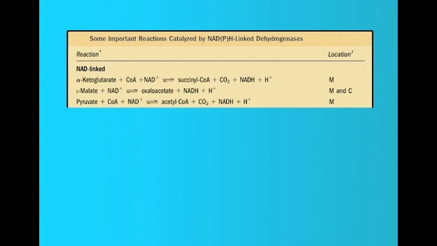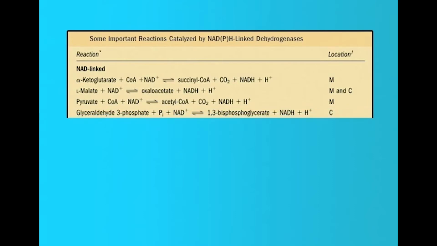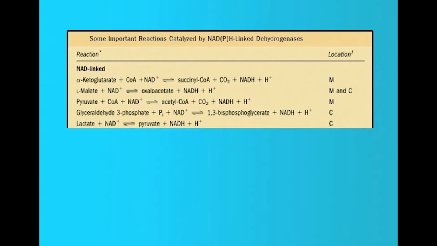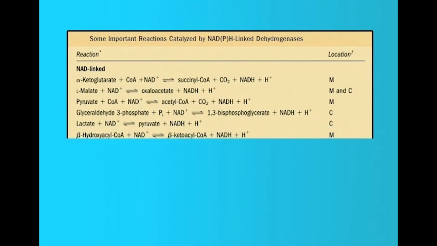Others are pyruvate to acetyl CoA in the pyruvate dehydrogenase complex, glyceraldehyde 3-phosphate to 1,3-bisphosphoglycerate in glycolysis, lactate to pyruvate after glycolysis, then beta hydroxyacyl CoA to beta ketoacyl CoA in beta oxidation. All these reactions supply NADH2 as substrates to the electron transport chain.